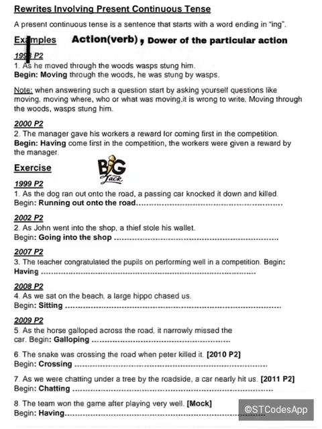I hope you have gotten my point here. When you're writing the sentence, like moving through the woods, don't say as he, no. You need to remove as. Yeah. So now, note that when answering such a question, start by asking yourself questions like moving. Moving where?